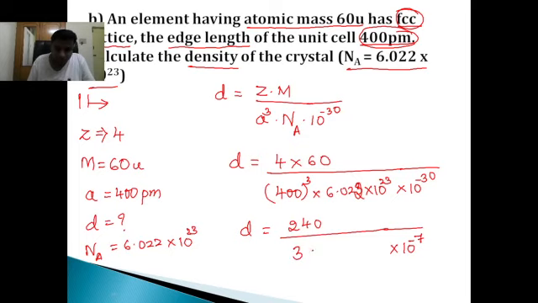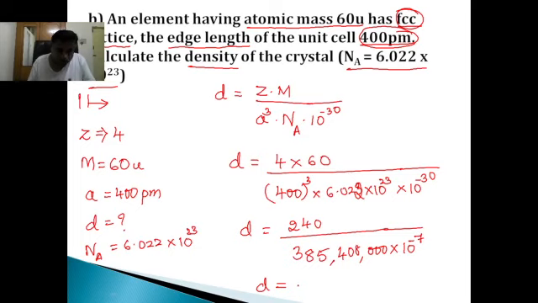We will be getting 385,408,000. So let's calculate fully: 240 divided by 385,408,000.